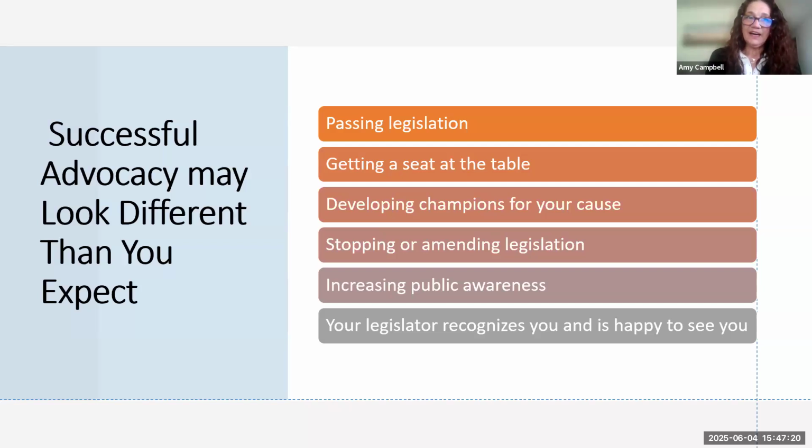For me, successful advocacy is often stopping bad legislation, getting something set aside, convincing a legislator that I know it sounds good to you, but the impact is not what you think. That can be successful advocacy, is just stopping something in its tracks that would be devastating.